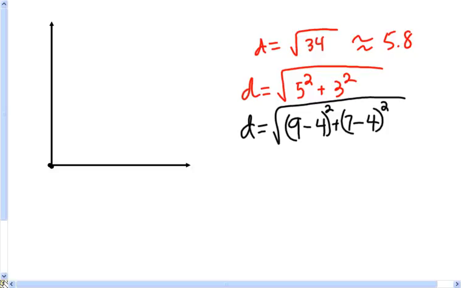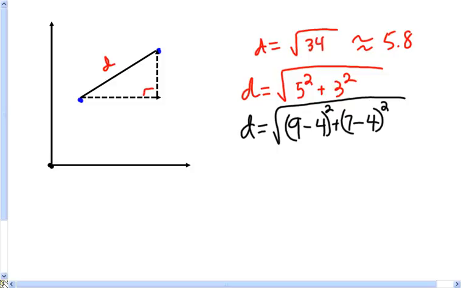So let's just say right here, then I have another point right there. And I want to find the distance between those 2 points. So how long is this line from there to there? We'll call that D. Well, once again, if I draw in a horizontal line and a vertical line, I have a right triangle.